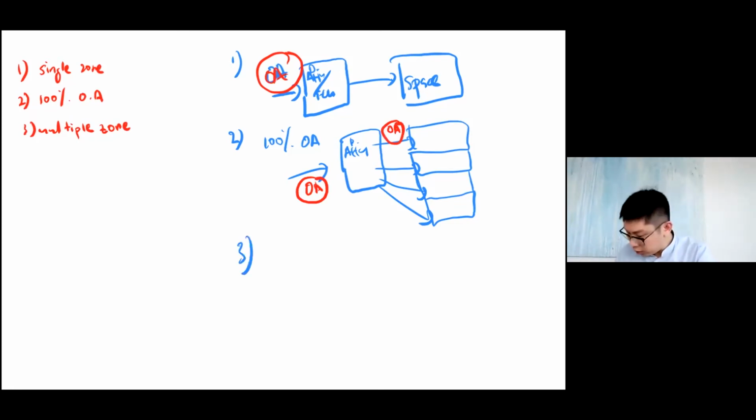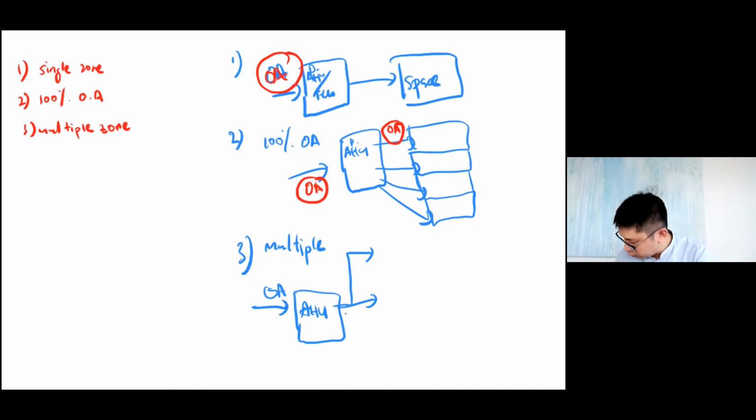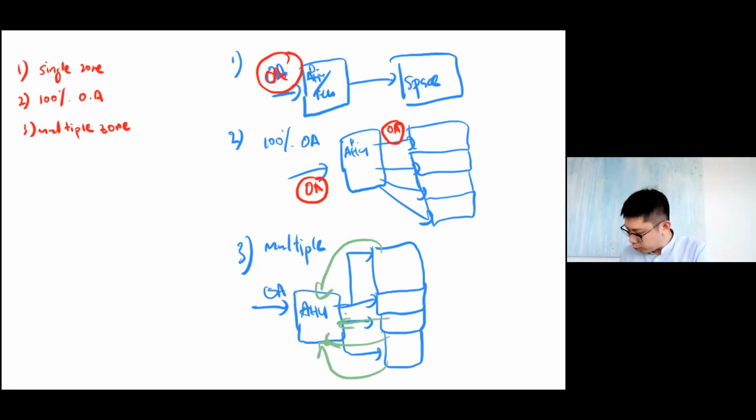Third case is the multiple zone. So for multiple zone, you have OA going into the ASU, and from this ASU it is supplied to all the zones. But at the same time, there will be return air back into this ASU, which means our OA will be mixed with the return air and going into the space.